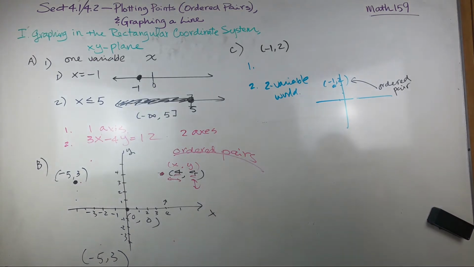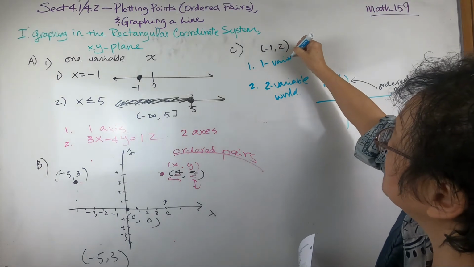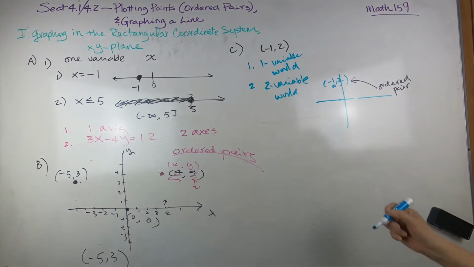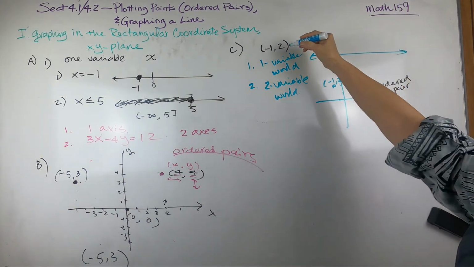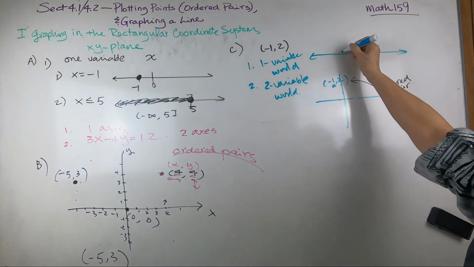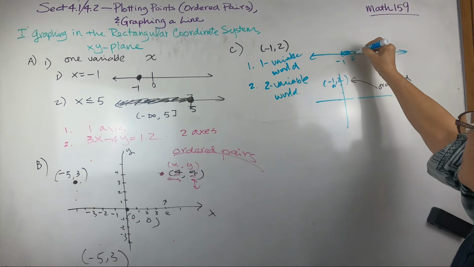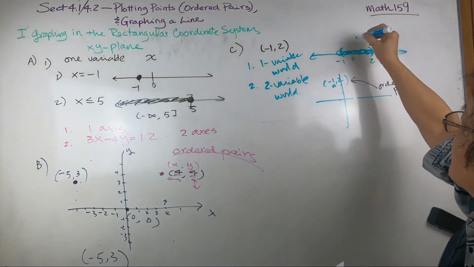However, if it's in 1 variable world, we used this symbol as well. Remember, 1 variable world, you only have x. Then what does the (-1, 2) mean? -1 and 2, that's 0, 0, right? That will be in this area, right?